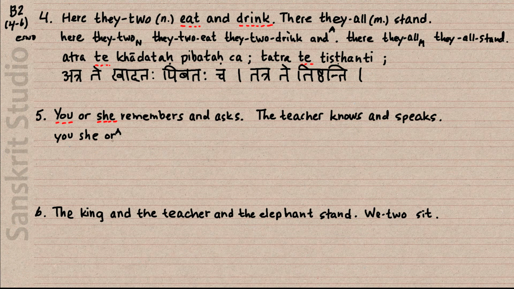It's syntax A. And then there's some remembering now. So who is remembering? Well, the conjunction is "or", so that means that the closest subject to the verb is going to decide the conjugation of the verb. So who remembers? She remembers.